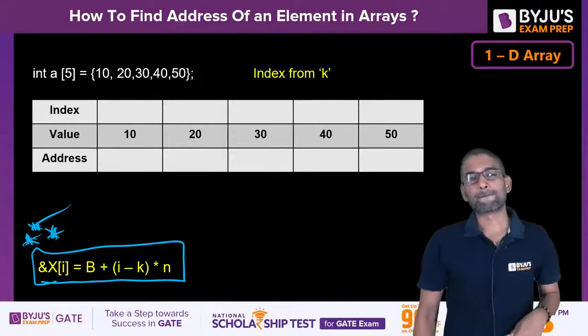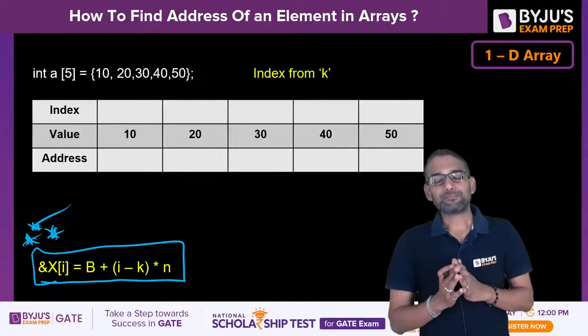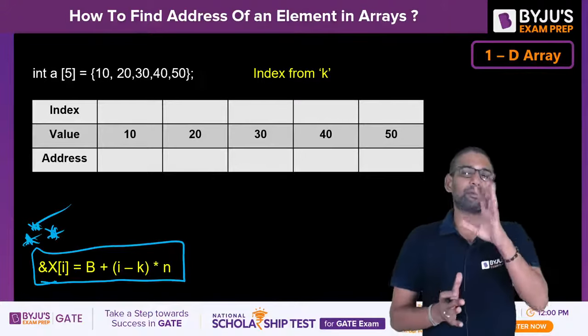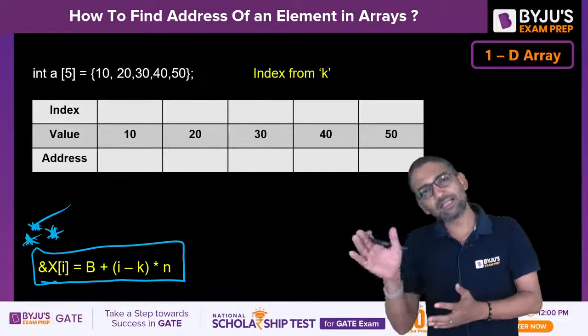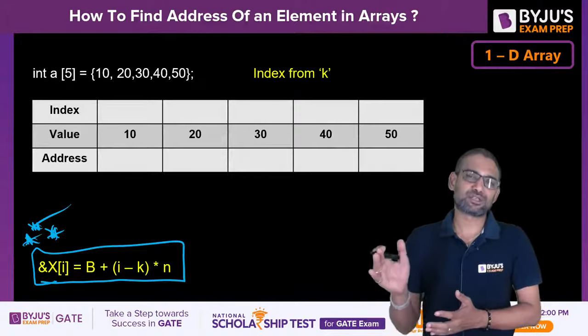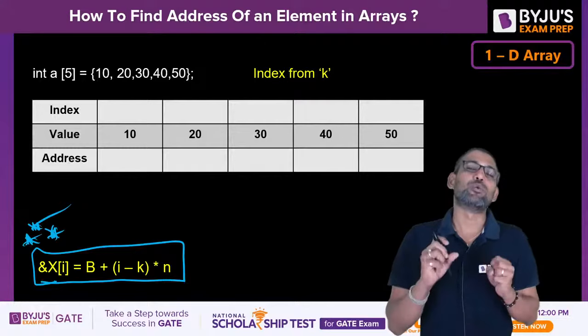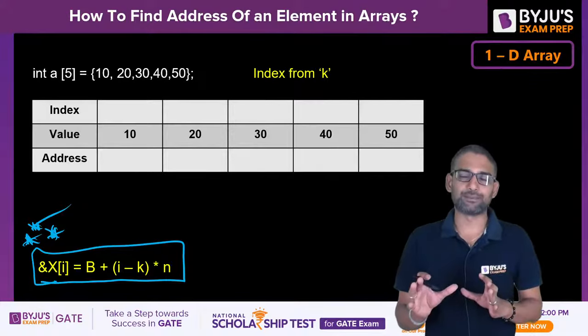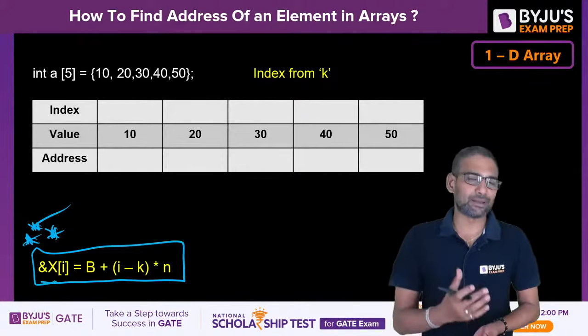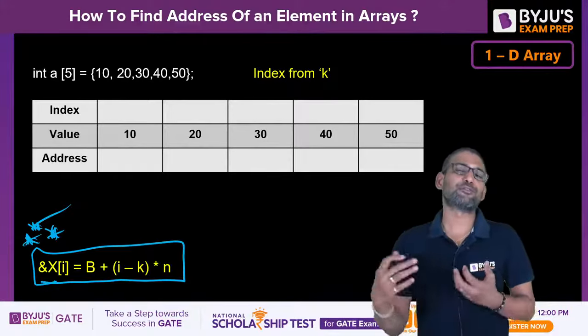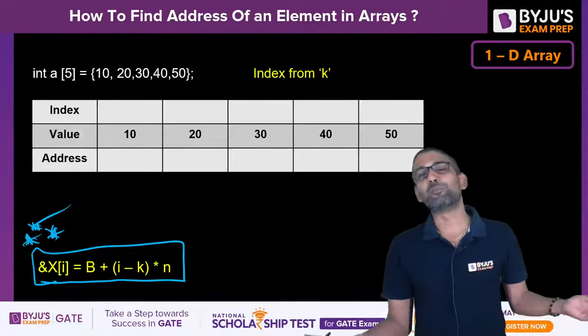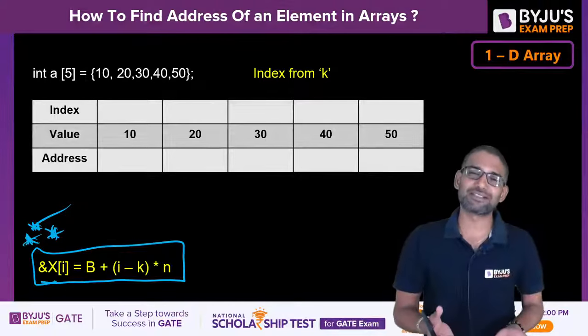Right. Guys, if you understand finding the address for a one dimensional array, finding the address for any other dimensional array is very easy. Very easy. Because you may take a 2-dimensional array, 3-dimensional array, 4-dimensional array. They are combinations of 1-dimensional arrays, guys.